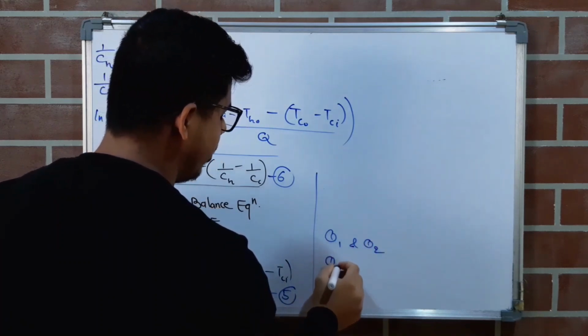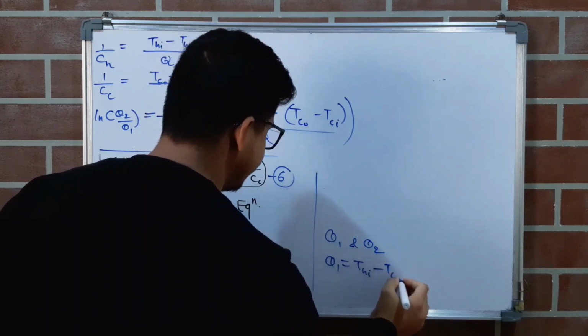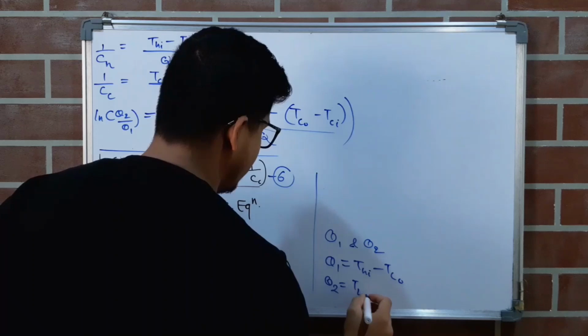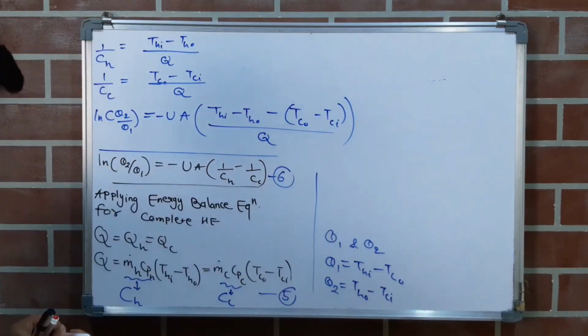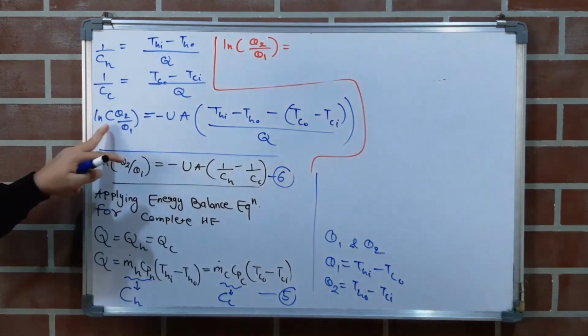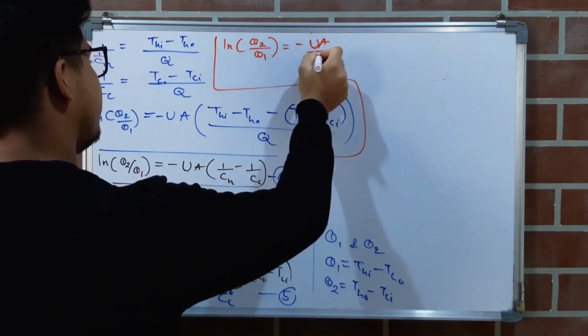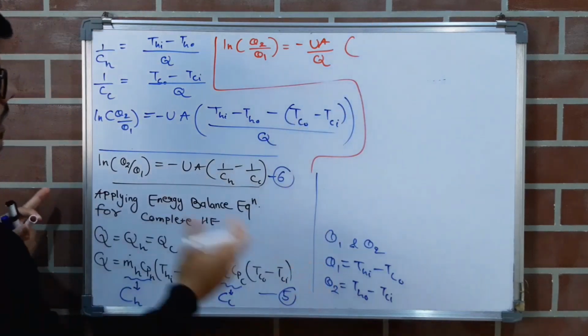How? We have the formula of theta 1 for counterflow, it is Thi minus Tco, and theta 2 is Tho minus Tci. So we have to bring this expression into the above equation. How will we bring it? Just observe. ln of theta 2 by theta 1 is equal to minus U into A upon Q, right? Now inside the bracket we have to do some arrangements.